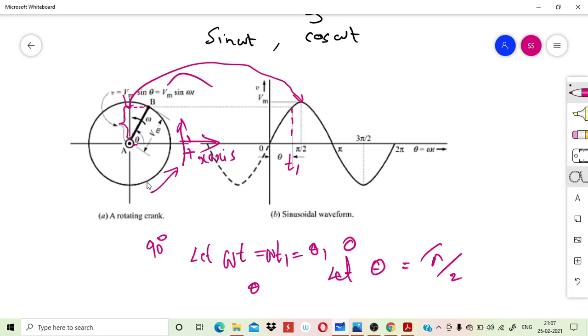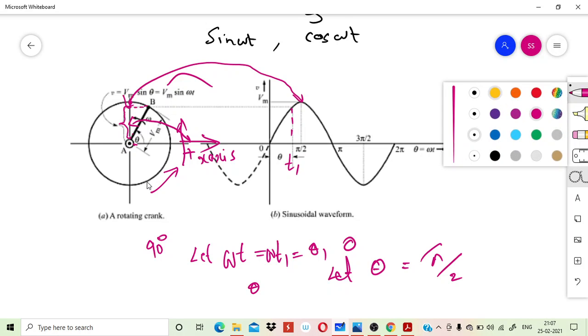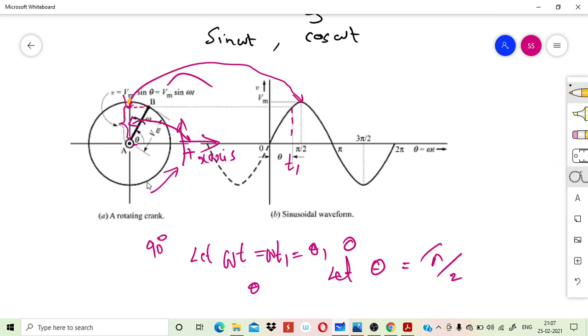It is rotated through an angle 90 degree like this, so that point B will reach here, and the projection of that point on this y-axis will be that point itself. That means it will give the maximum value.